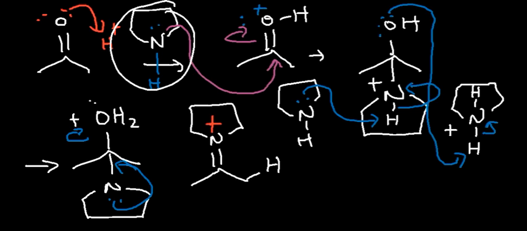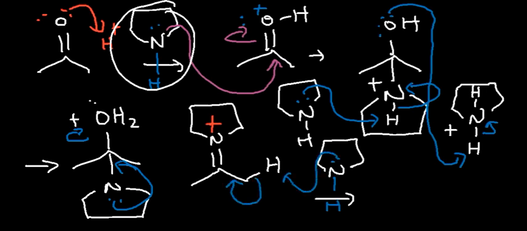But keep in mind, this alpha hydrogen is relatively acidic. And so we can use another nitrogen atom to act as a weak base. And it can grab this hydrogen, which is going to form this double bond, causing this to break. And so now we have our enamine product, which looks like this.